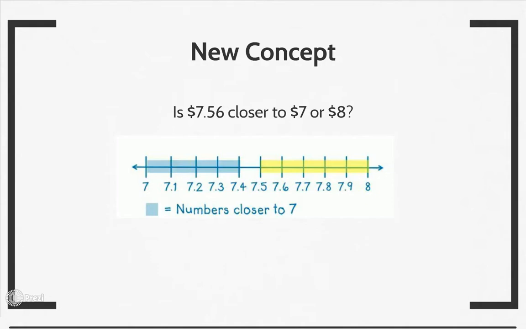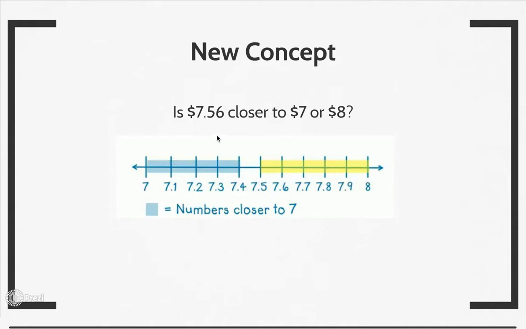Okay, so here's the new concept. We're rounding decimals to the nearest whole number. Here we're looking at $7.56. Is that closer to $7 or $8? You need to look at this right here, 0.56. Remember when we're rounding numbers, if it's after halfway, which is 7.5, it goes to the greater side.